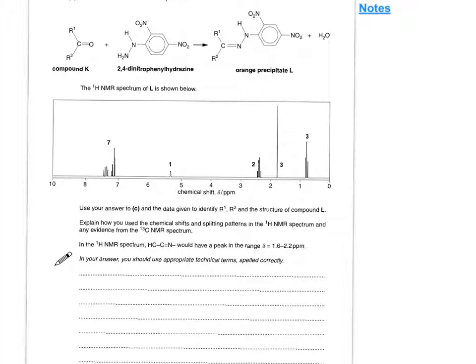So they want you to identify orange precipitate L. I'm just going to highlight that bit there so we know what we're looking at. Just so there's no confusion at all, I'm even going to draw a box around it. That's what we're looking at.